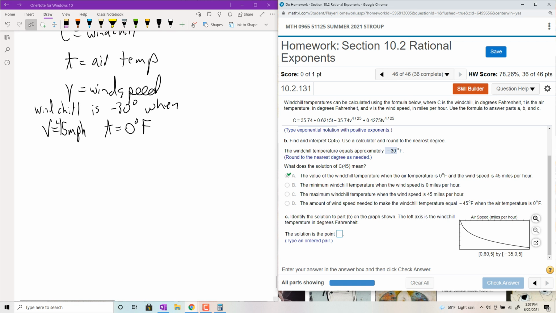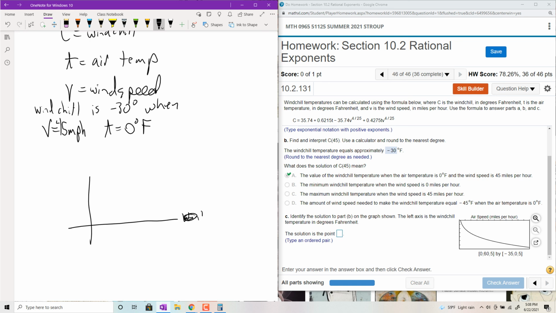Identify the solution to part B in the graph shown. The left axis is the wind chill, and so that's the C value, the negative 30. The left axis is the wind chill temperature in degrees Fahrenheit, and then apparently the x-axis is airspeed, and the wind chill is the y-axis.